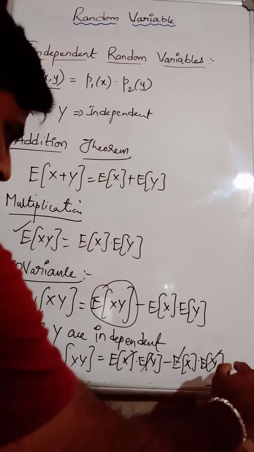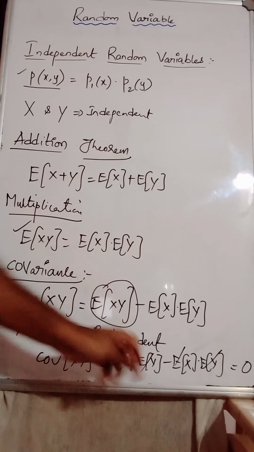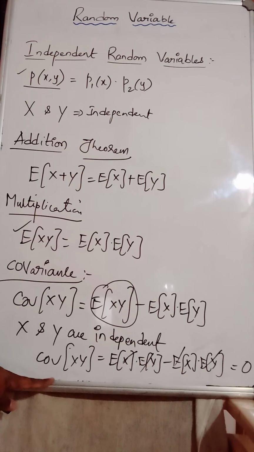Cancelling this you get 0. When x and y are independent, what is the value of covariance? 0. Remember, guys, when x and y are independent, the value of covariance becomes 0.